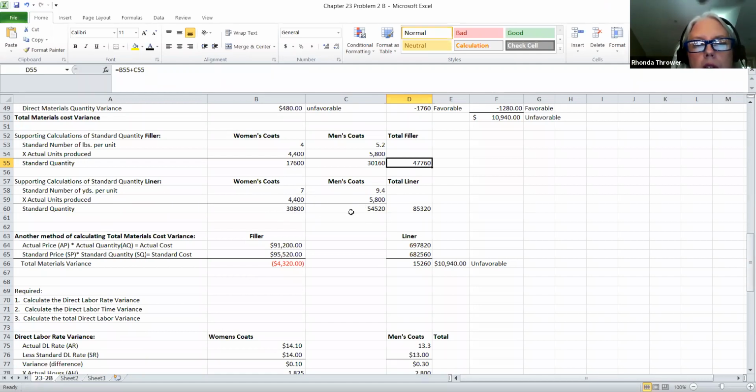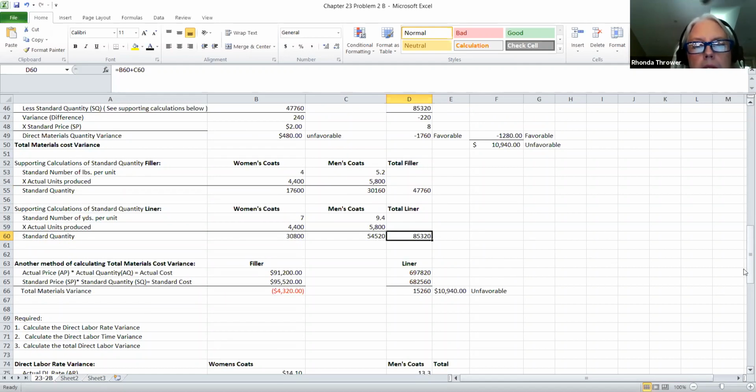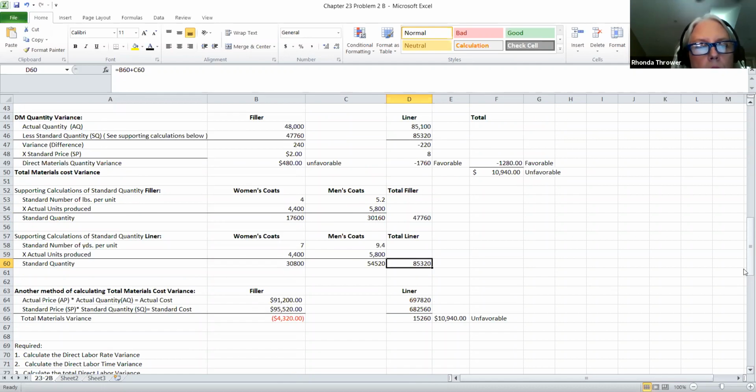This information is given, and then add the two together. Your total liner for this company is 85,320 yards. And that would be substituted into your quantity variance for your liner.